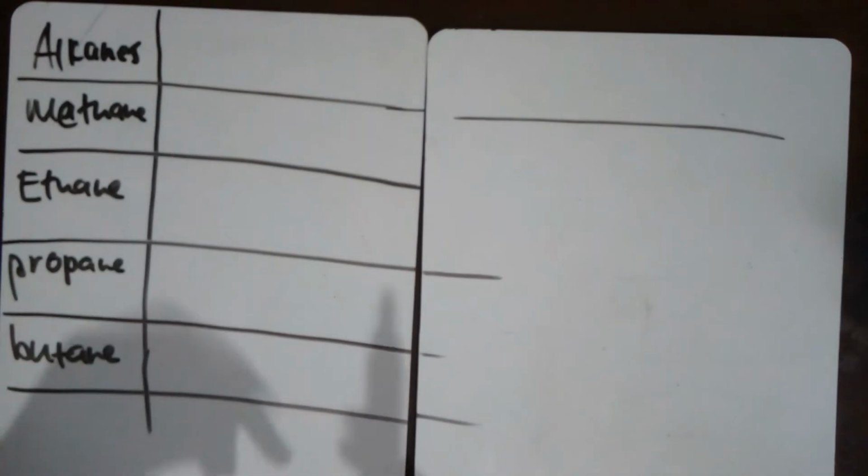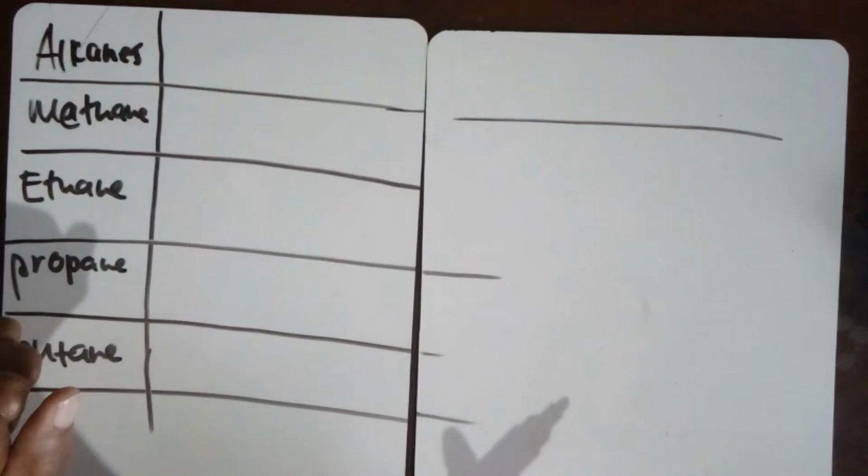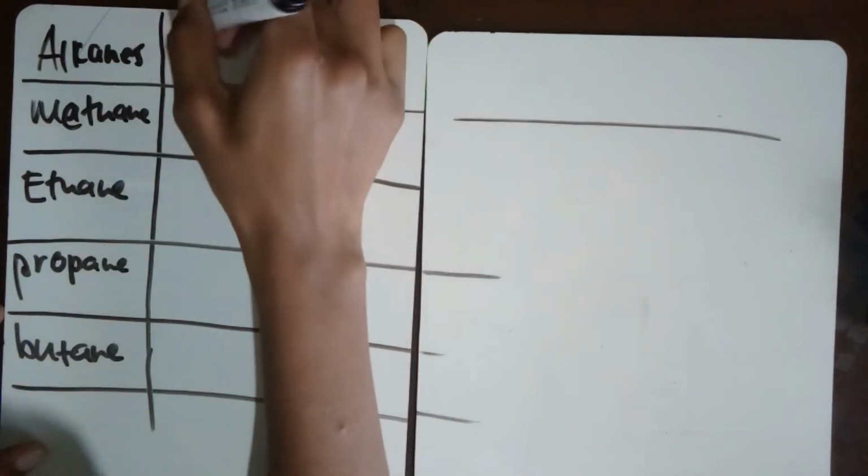I don't want to take many because the rules are just the same for all of them. If you know how to draw the structural formula for all of these, it's easier to draw the structural formula for longer molecules. Okay, so now we want to draw the structural formula of these.